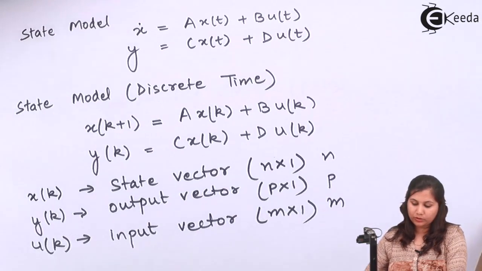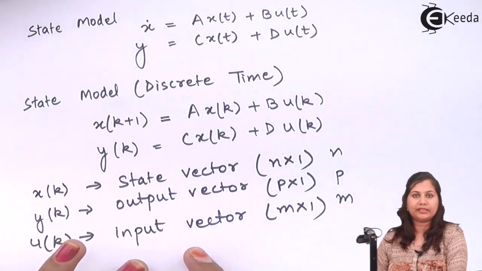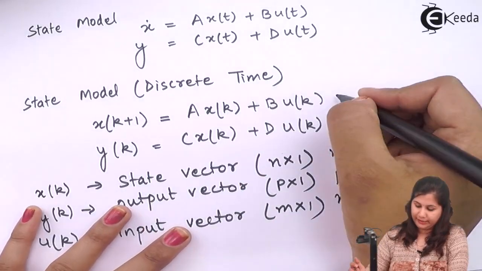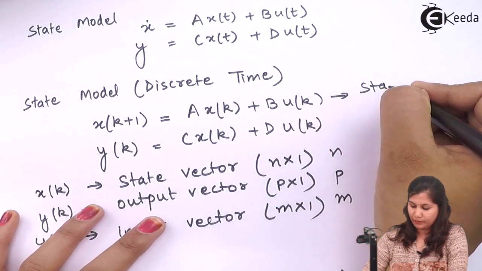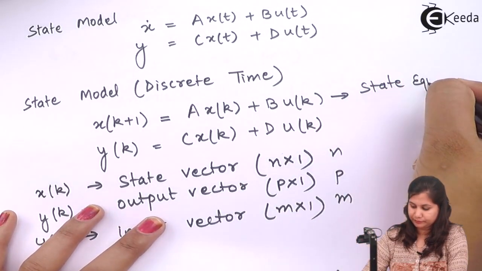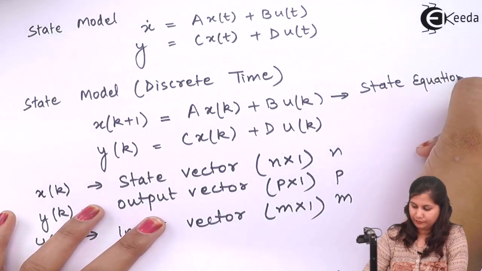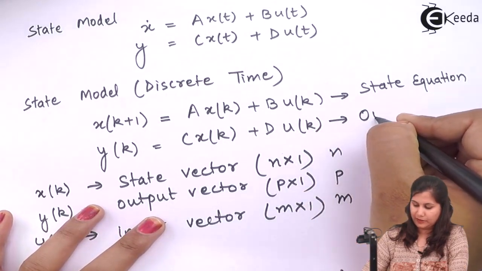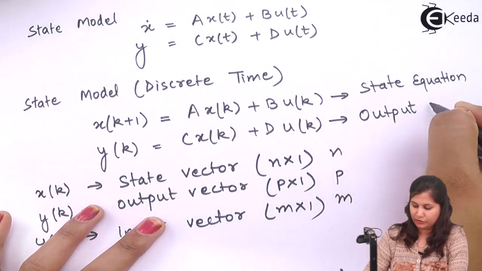So this is how the equations are represented in discrete time. This is our state equation and this second equation is our output equation.